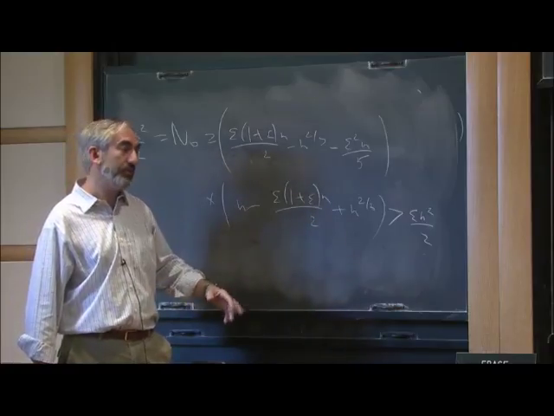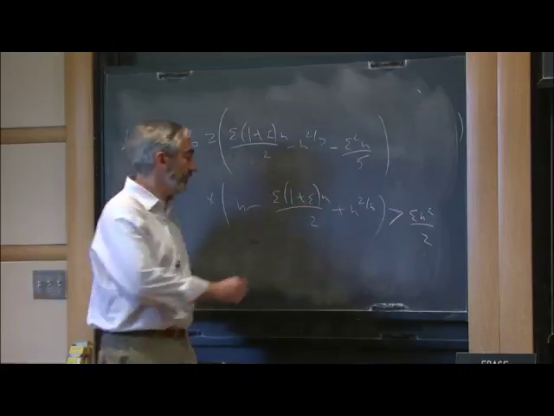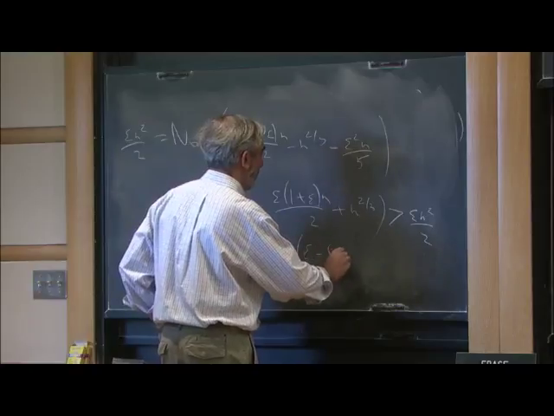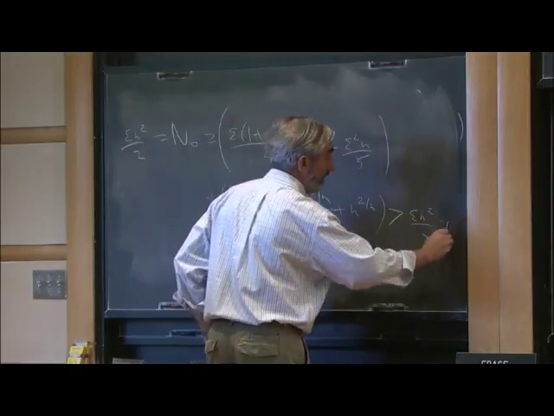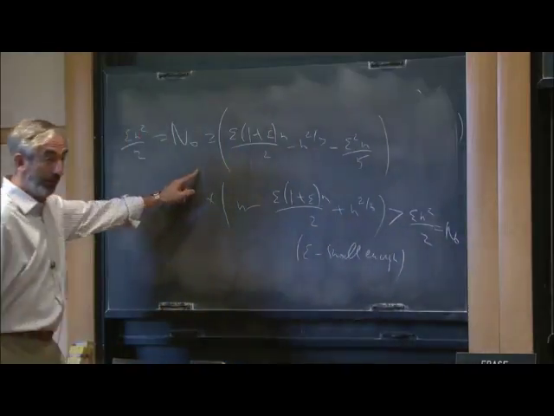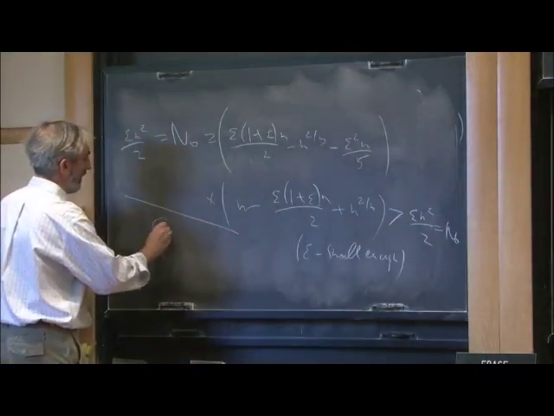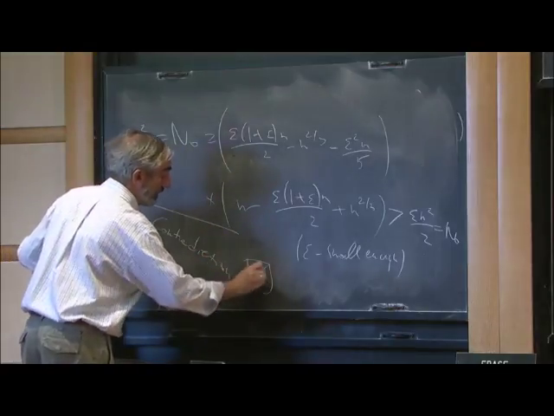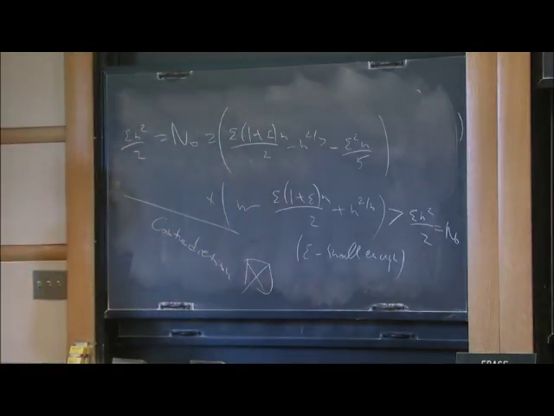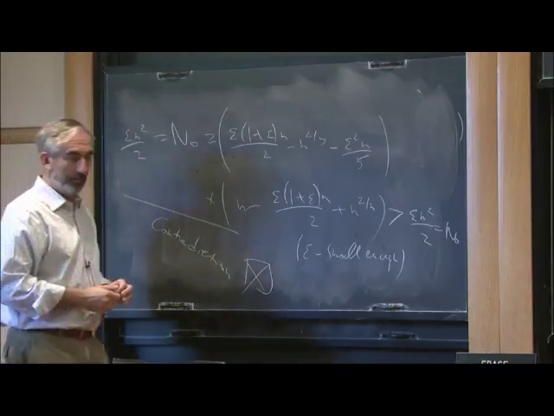And the rest are negligible, so assuming epsilon is small enough, what you'll get, that's exactly n naught, and what you get is a contradiction, which completes the proof. So if epsilon is not small, then you take n0 to be smaller?